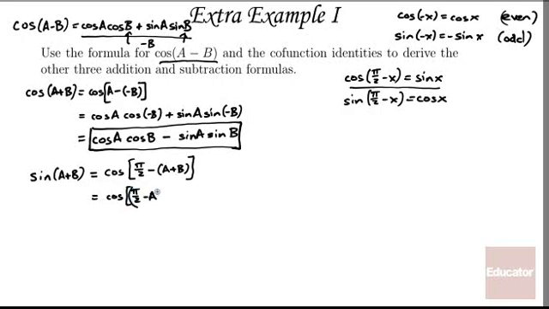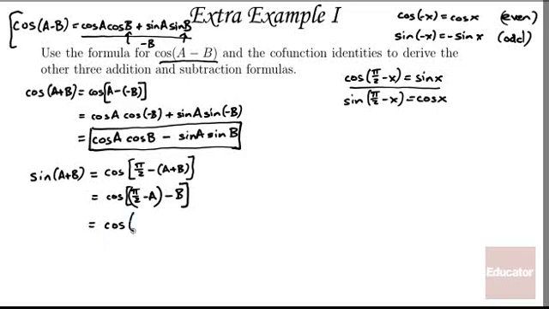I'm going to group those two terms together, and then minus b, because it was minus the quantity of a plus b. And now I'm going to use my cosine subtraction formula, this one that we started with. So cosine, I'm going to substitute in, instead of a minus b, I have pi over 2 minus a minus b.